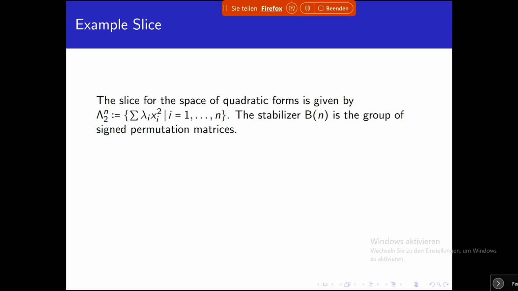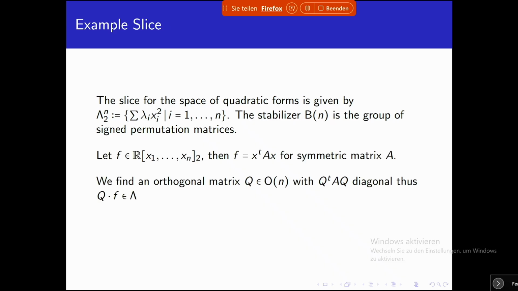And this is nothing else than symmetric matrices, because quadratic forms can always be written as a variable vector times a symmetric matrix times a variable vector. And now our slice are all quadratic forms where we have no mixed terms.